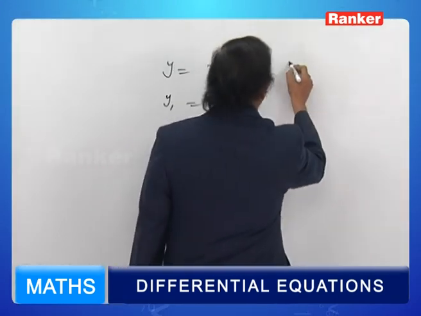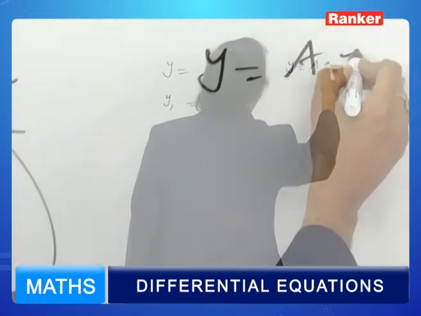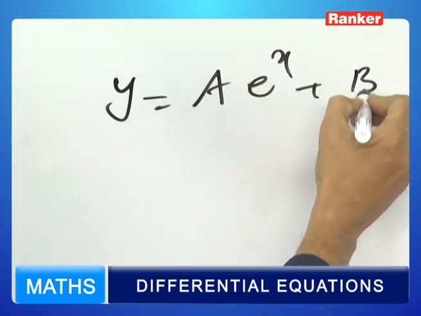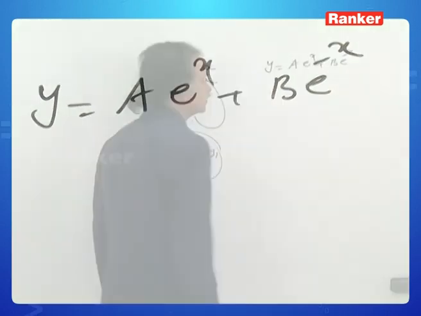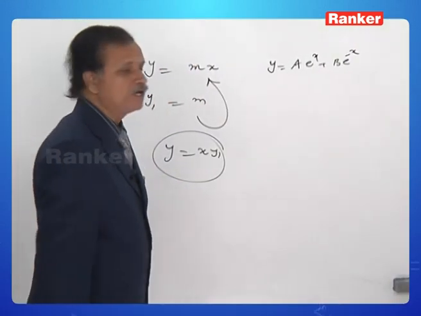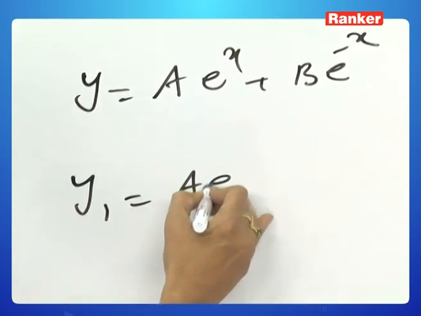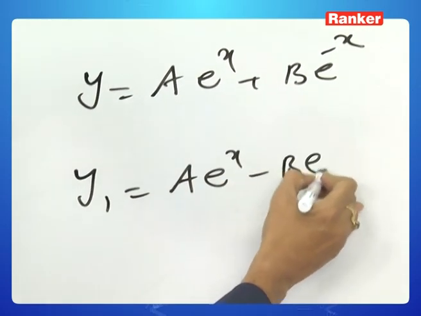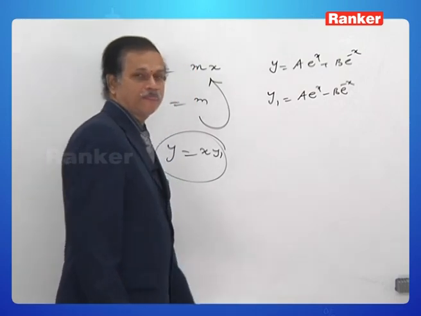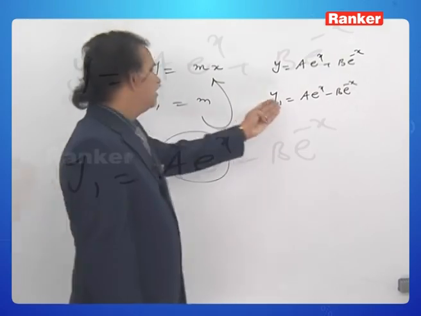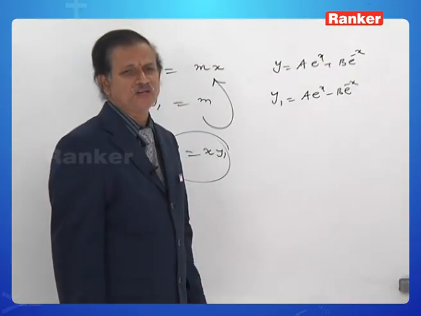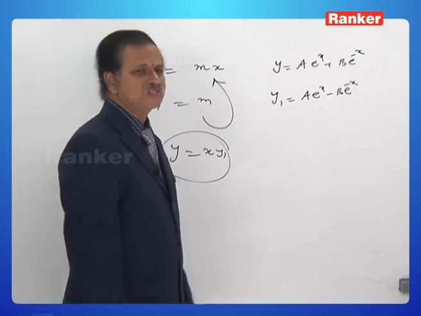One more thing, suppose y is equal to a into e power x plus b into e power minus x. Differentiate with respect to x on both sides. a e power x minus b e power minus x. Again, the constants a and b are appearing. That's not the answer.